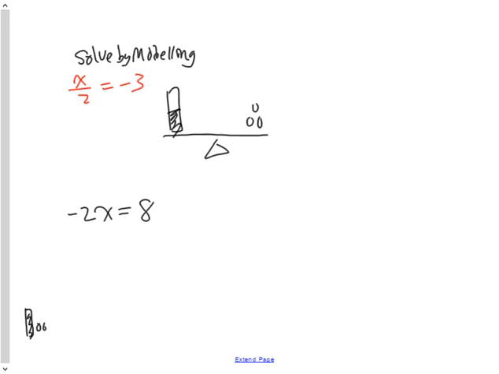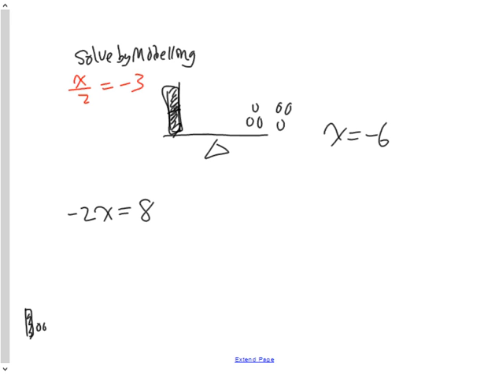So what I'm going to do is I'm going to double this side, and I'm going to double this side, because whatever I do to one side, if I do to the other, I maintain balance. And we know, if I take this and rotate it, that 2 halves of x make a full x, and therefore a full x would be equal to negative 6.